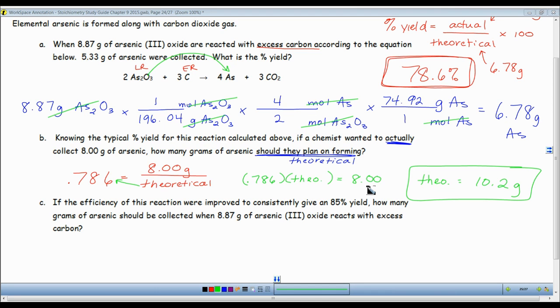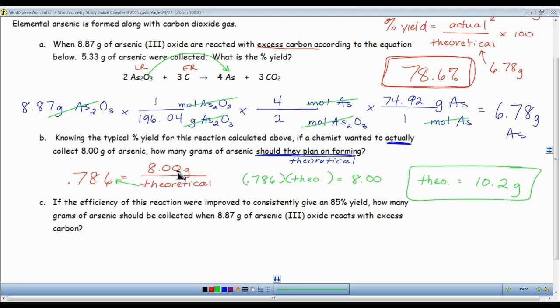We have to overcompensate for any loss that's expected. And they run these reactions millions and millions of times so that they know a typical percent yield. If we typically lose like 21.4% of our product, we need to overcompensate for that loss. We're going to plan for 10, hoping to really collect 8. That's what I need.